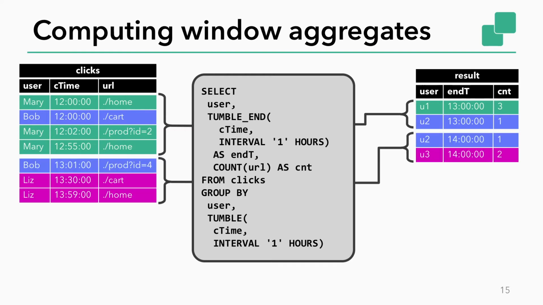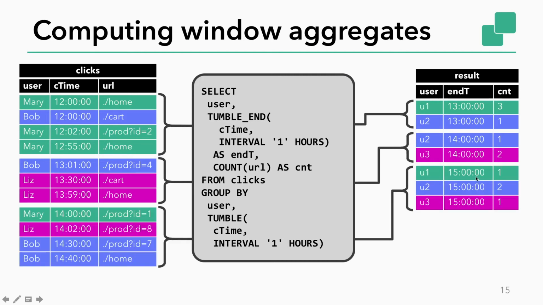And now, as more data arrives, we append more rows to the output table. So in the window from 13 to 14 o'clock, we have 1 row for Bob and 1 for Liz. So we get a count of 1 and 2, and so on. In this way, the system computes a window over the streaming table, which is appended.